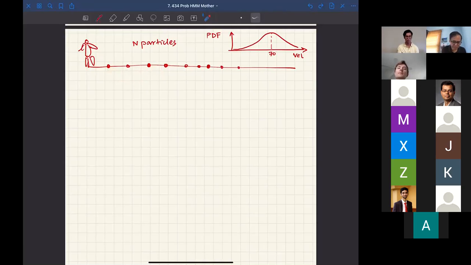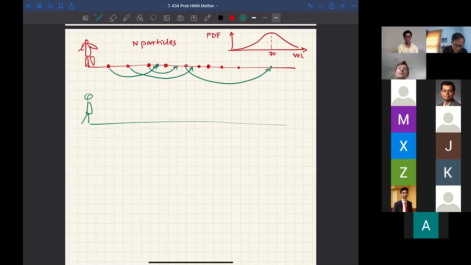So I bring that particle over here. Similarly, I bring this particle maybe at 72 miles per hour over here. I bring this particle here. I bring this particle here, and so forth. So at the second time instant, I have here, here, here, here, here, here, here.